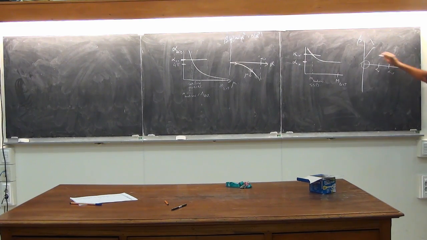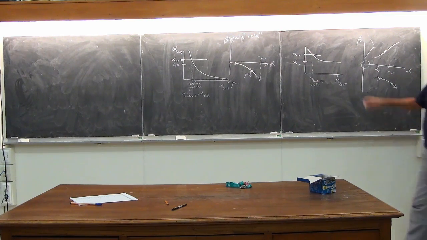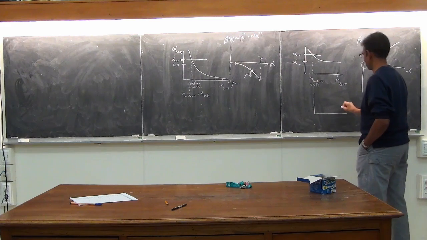There's another one I can do. I can do something like this, and it would still have the same feature. Okay, and I could have something that looks like this, and indeed, what it says is that you rapidly flow here. But if you're rapidly flowing to alpha critical, then this is not the correct picture. The picture looks more like this.